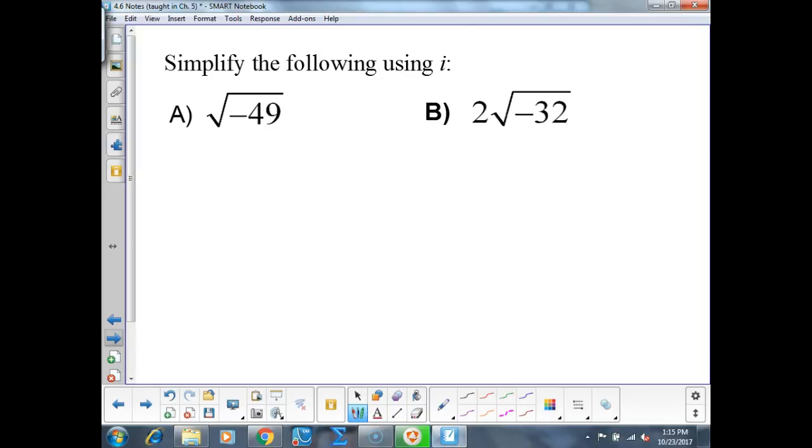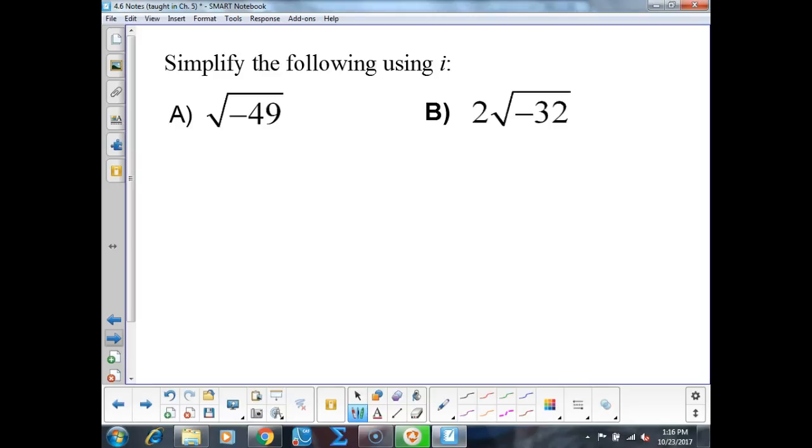Simplify the following using i. Square root of negative 49. If Christina typed in the square root of negative 49 on her pretty pink calculator that she has sitting on her desk, she would get something called domain error.